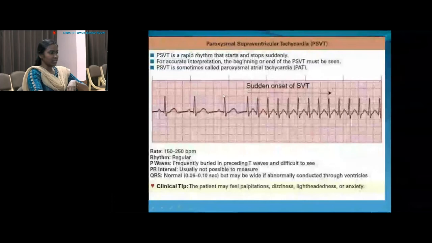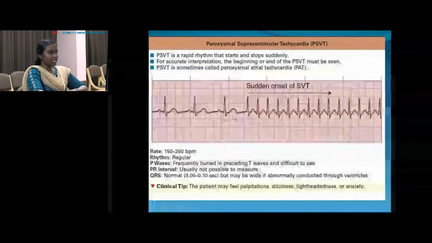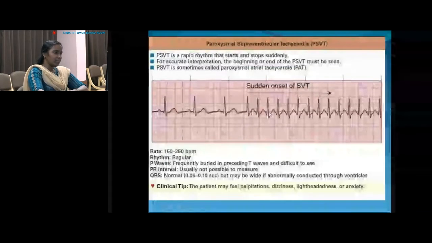Here the rhythm will be very regular, and after the normal sinus rhythm the rate will increase to 150 to 250 beats per minute. Sometimes the P wave will be buried in the preceding T waves and it will be difficult to see, and the PR intervals are very difficult to measure here.